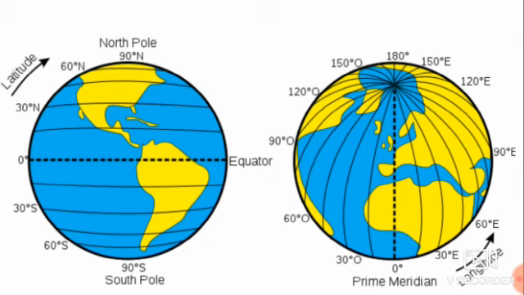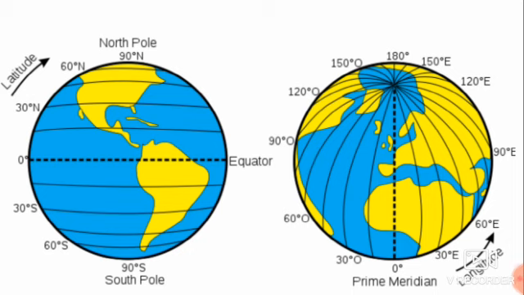In fact, 180 degree E and 180 degree W longitudes are the same, which is called the international date line. There are 180 longitudes in the east and 180 longitudes in the west. So in total there are 360 longitudes including Greenwich.